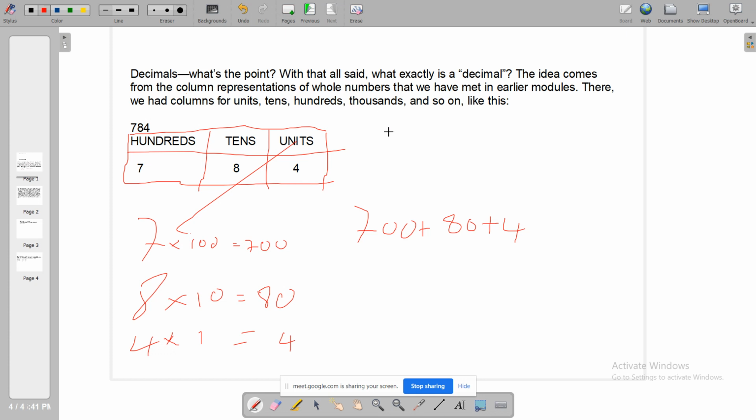In the same way as you see here, in decimals, instead of units we use tenths. So now I'll extend this. If I have here, and then here is the point, I'm having here point 92.